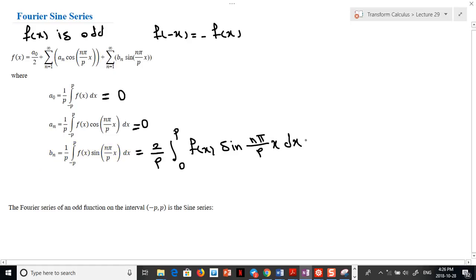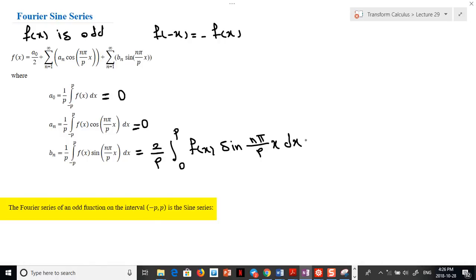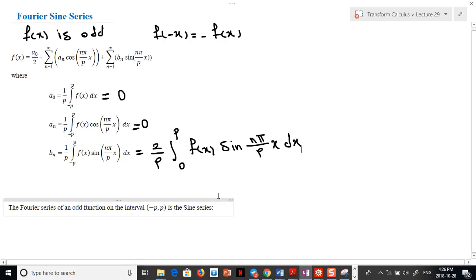As a result, the Fourier series of an odd function on the interval minus p to p, which is the sine series, can be written as follows.